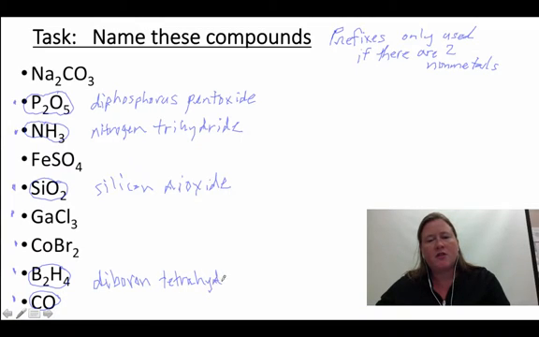If it was oxygen, we would just say, sorry, I'm fumbling on my own mouth here. Tetroxide, we would drop the A, but tetrahydride. And here we have one carbon and one oxygen, carbon monoxide.